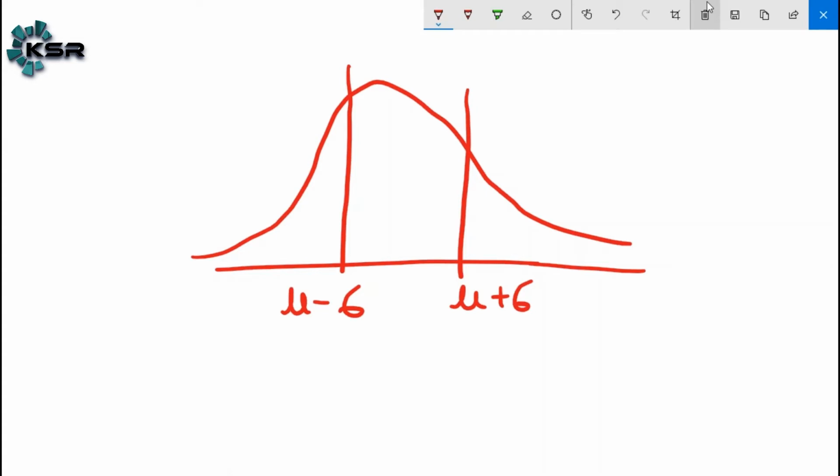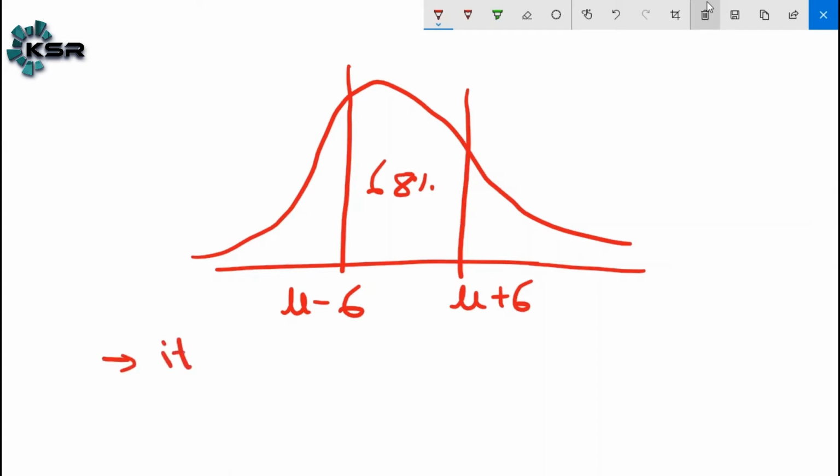Out of 100%, 68% of the total population is in the range between mu minus sigma and mu plus sigma.